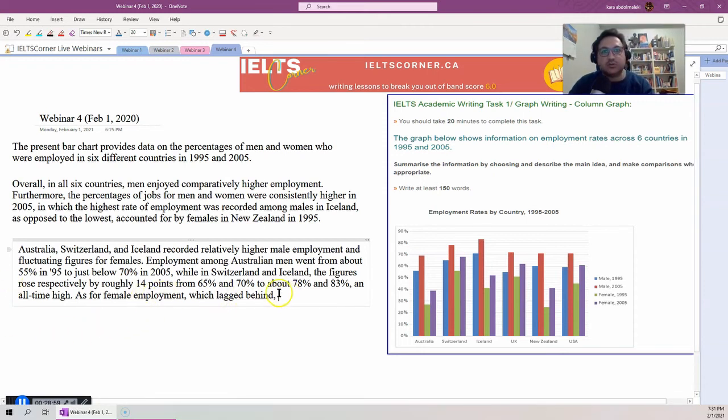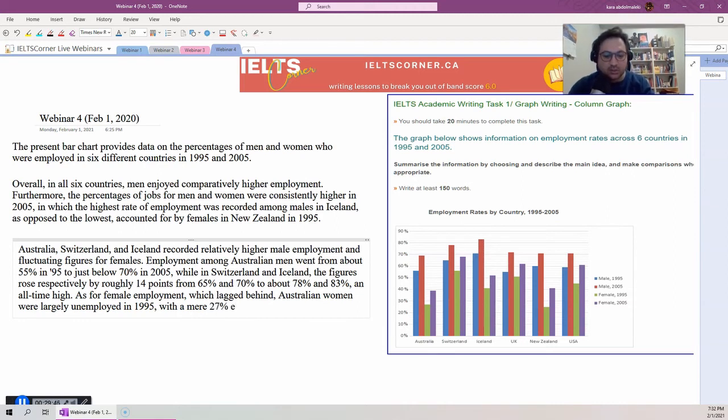So as for female employment, which lagged behind, and now we continue our main clause, Australian women were largely unemployed. You see here, instead of talking about employment, I'm talking about unemployment, because most of them are unemployed. That's just something you can do to create more variety and make it more interesting. With a mere, and mere here means only, right?